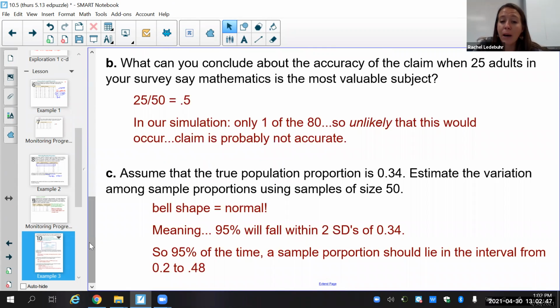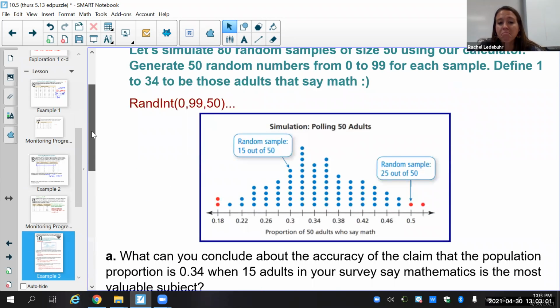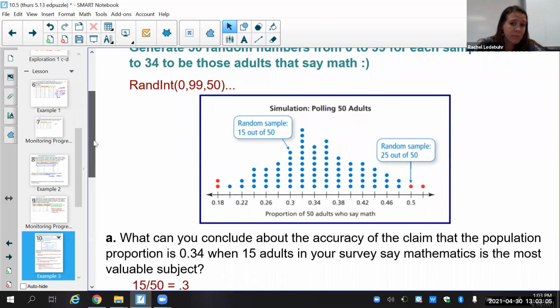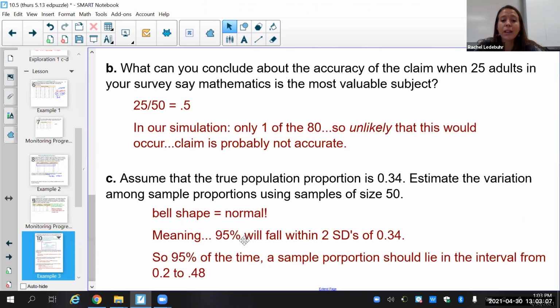We'll assume that the true population proportion is 0.34. We want to estimate the variation among sample proportions using samples of size 50. Well, if we look up here, it's pretty normally distributed, right? It's a bell curve. So 95% will fall within 2 standard deviations of 0.34.